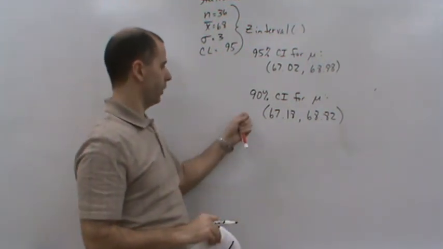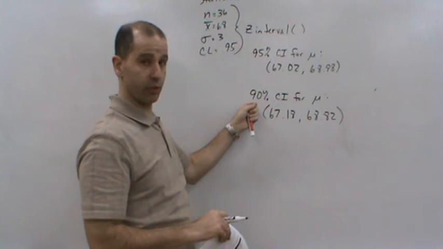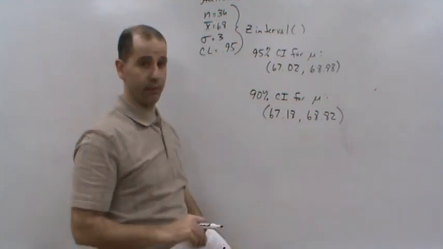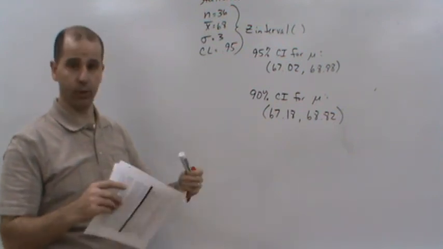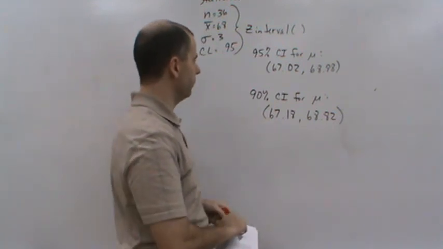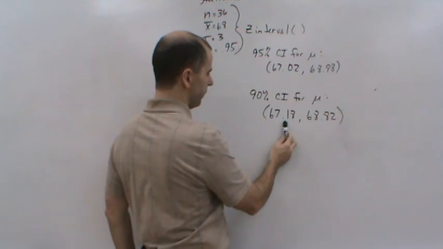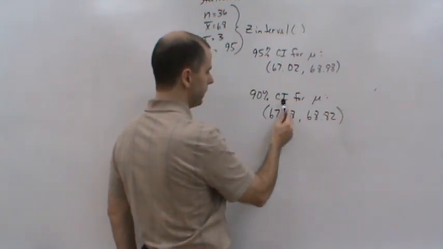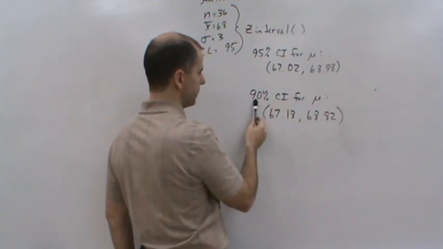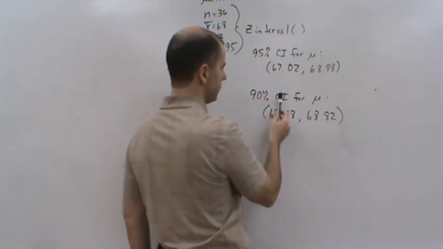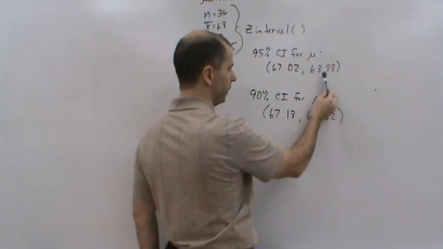Okay, so we went from a 90% confidence interval to a 95% confidence interval, and everything else stayed the same. So what happened to our confidence interval? So notice something here that for this endpoint here, it went down, right? So this decreased, so going from 90 to 95, this decreased, but this side increased.